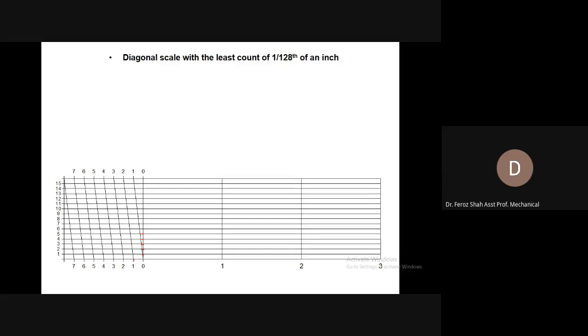Now this one division is 16 by 128, and from this, 17 by 128, 18 by 128, 19 by 128, and so on.